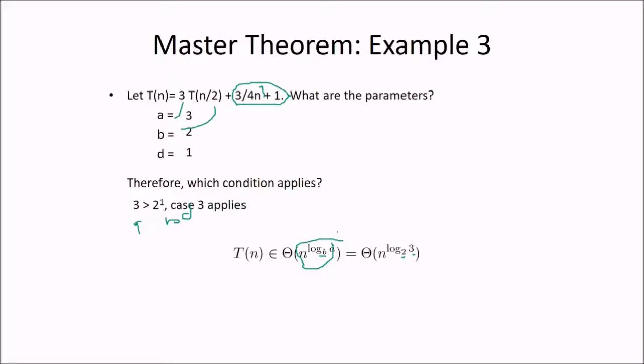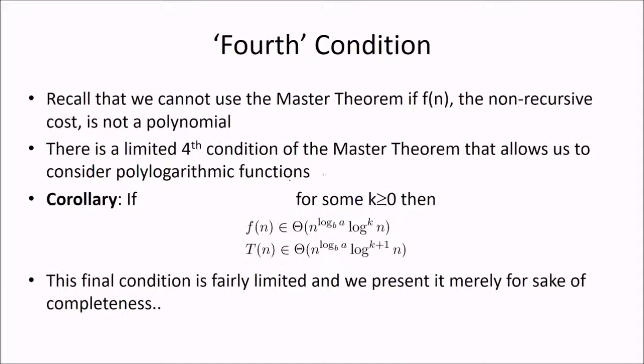These three cases are done. I hope you understood the master theorem. But there is one more thing I would like to tell you. There is a fourth condition also. We cannot use the master theorem if this function f(n), the non-recursive part, is not a polynomial. So there is a limited fourth condition of the master theorem that allows us to consider polylogarithmic functions also. What are these polylogarithmic functions?